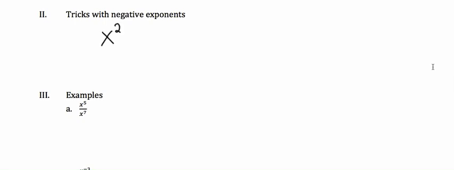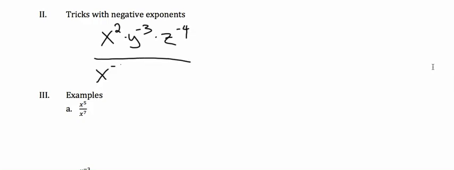Let's say you had a really big, complicated expression like this. If you wanted to, you could just straight up subtract those exponents and then figure everything out after that.